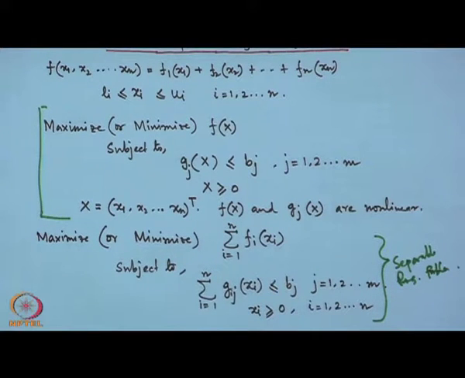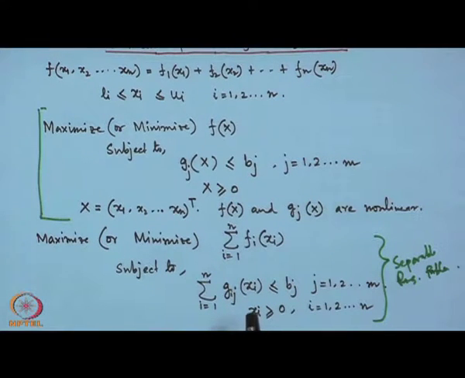Now, how to handle this problem? As I said, the basic principle is that we express the individual nonlinear functions, that is, the fi's and gij's, as combinations of linear functions. Thus, there are two things we need to know.